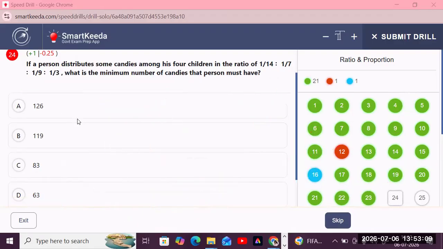Next, if the person distributes some candies among his four children in the ratio, four children में A, B, C, and D. ठीक है?